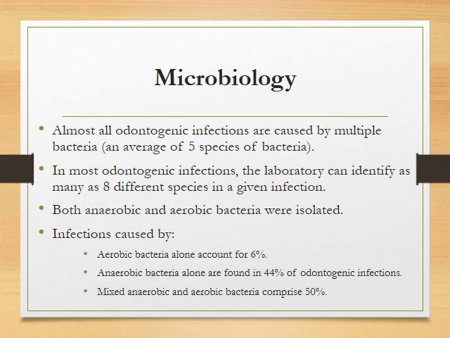Aerobic bacteria alone account for only 6% of all odontogenic infection cases, while anaerobic bacteria alone are found in 44% of the cases. Mixed anaerobic and aerobic bacteria account for 50%.